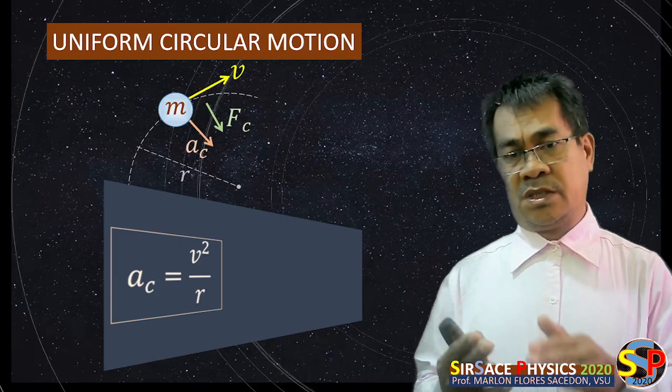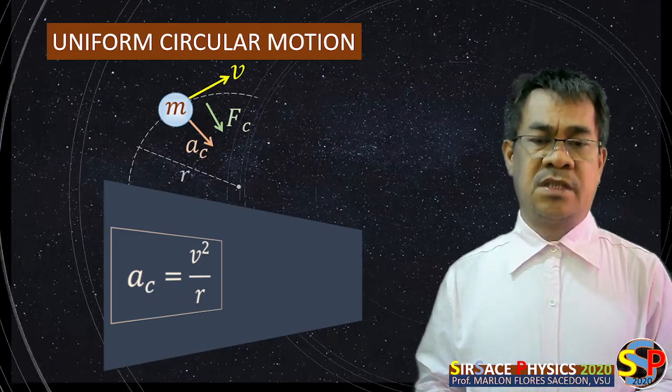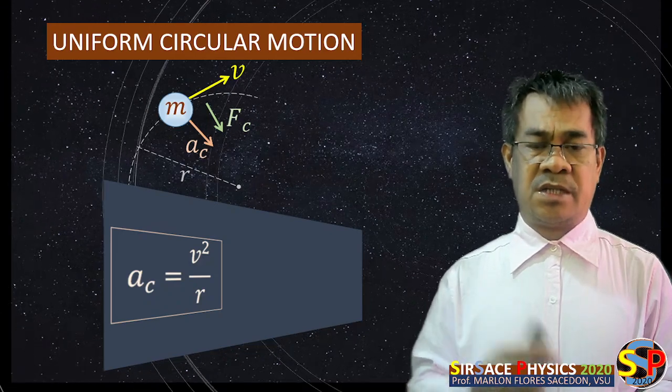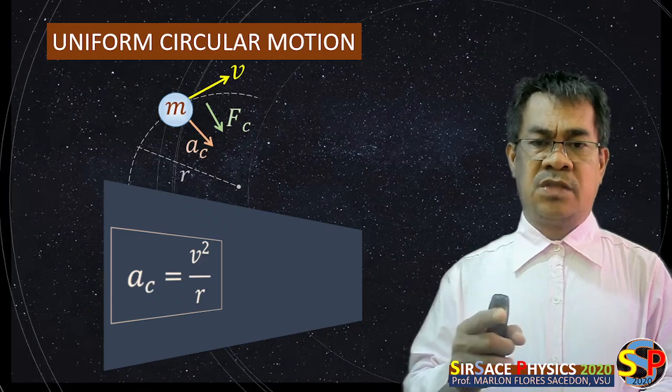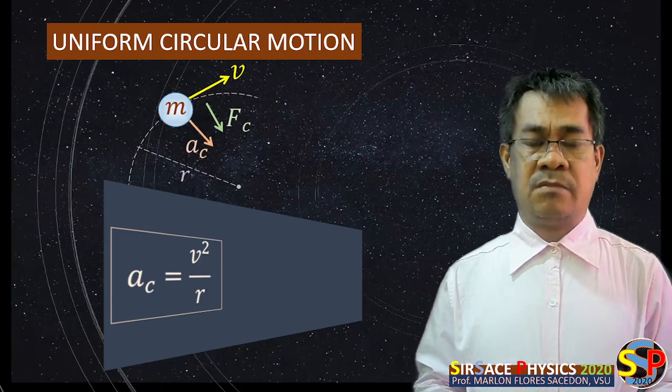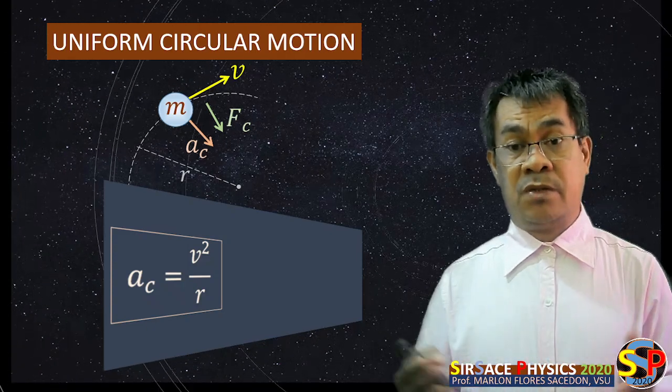Remember, r is the radius of the circle, and the square of the velocity divided by r is the centripetal acceleration. The acceleration is directly proportional to the square of the velocity but inversely proportional to the radius, and it does not depend on mass.